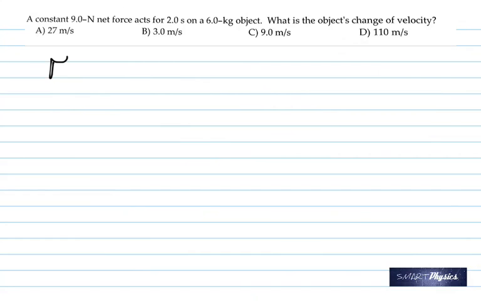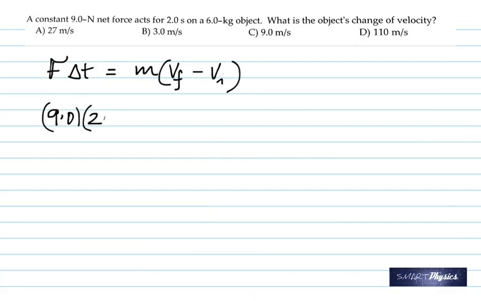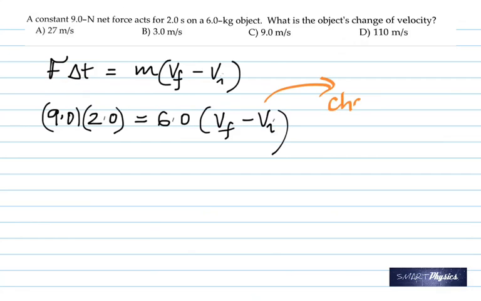Here in the next one, a constant 9 Newton force acts for 2 seconds on a 6 kilogram object. What is the object's change of velocity? Direct question. Use the two equations. For impulse, force multiplied by time. Both force and time are given. Mass is 6 kilograms. And the initial velocity is 0.